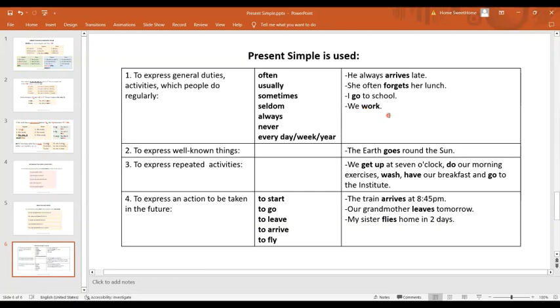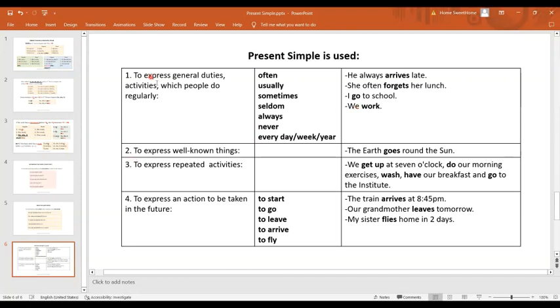I use present simple because it means every day. I work always, every day, every week, or sometimes, or maybe usually. But we work, I work, you work. Present simple, no s in this sentence with we.